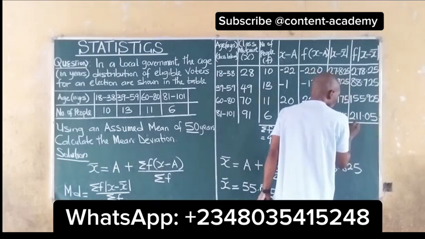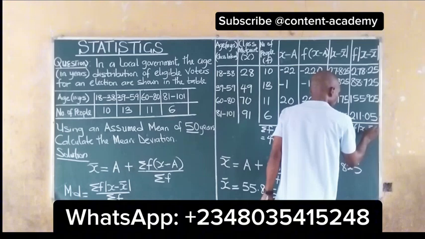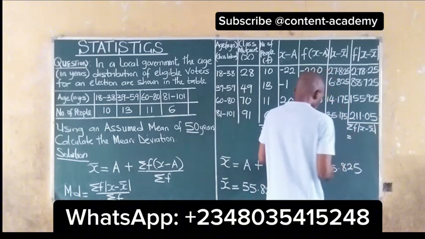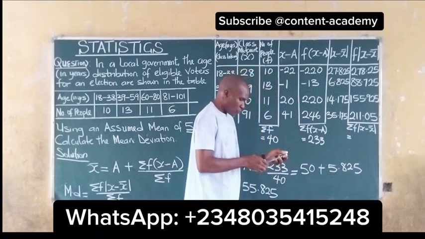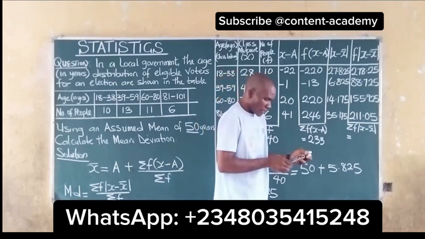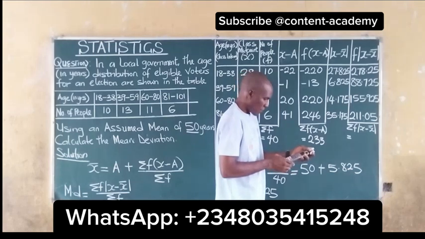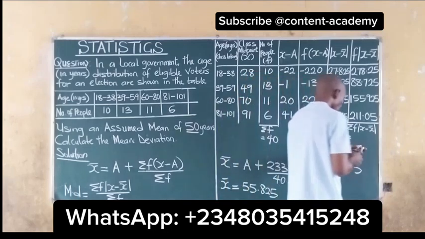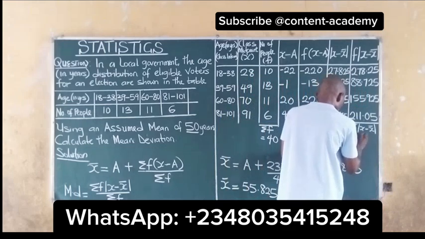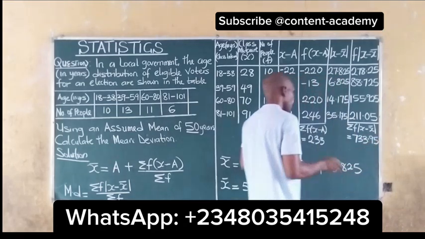The summation of f times x minus x bar equals 278.25 plus 88.725 plus 155.925 plus 211.05, which is 733.95.